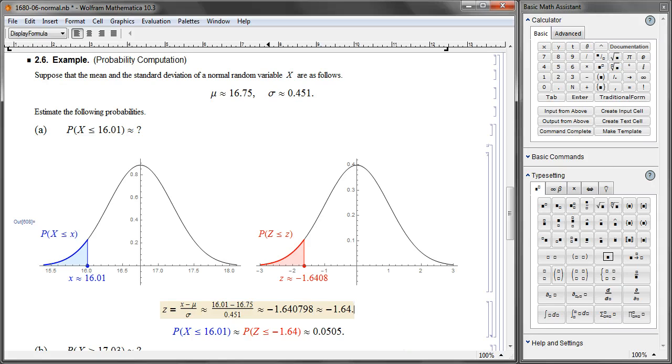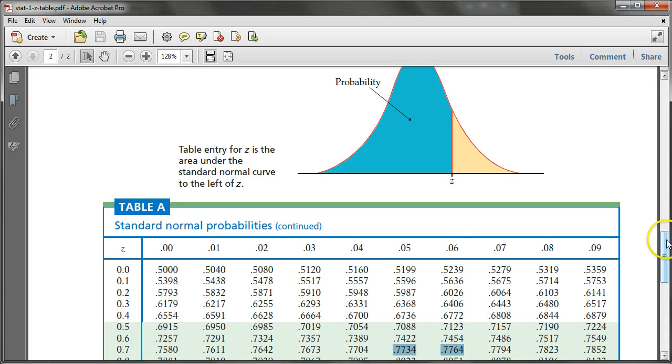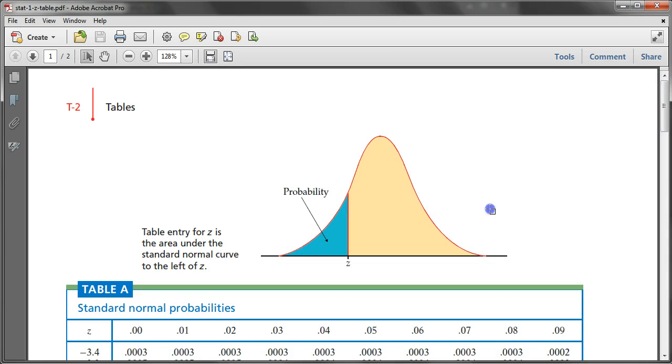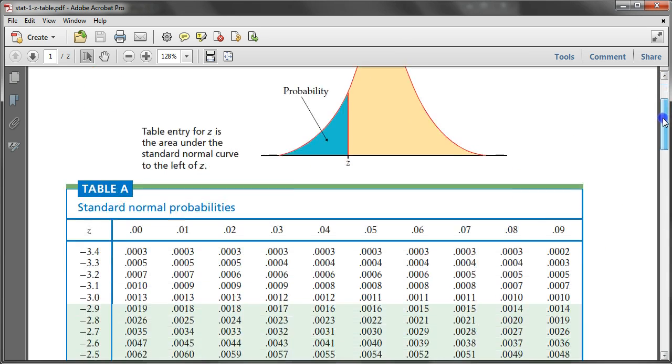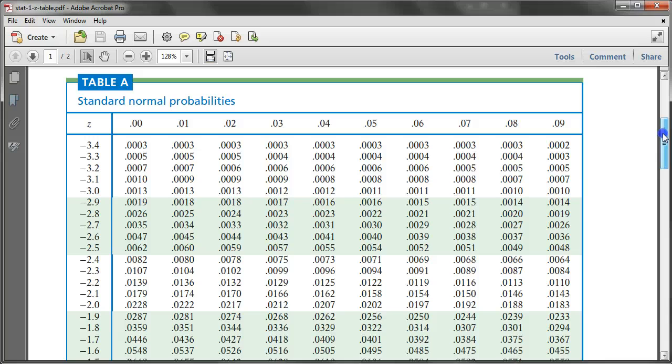And the probability that z is less than that, wait a minute, we have done this before. This is exactly the same as part A of example 2.3. Let's pretend we don't remember, and let's just do it over. Negative 1.6, and then 4, here it is, 0.0505.